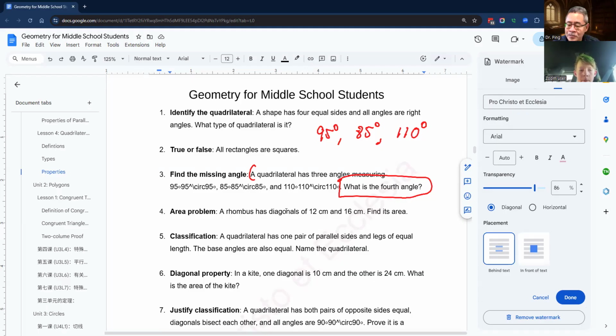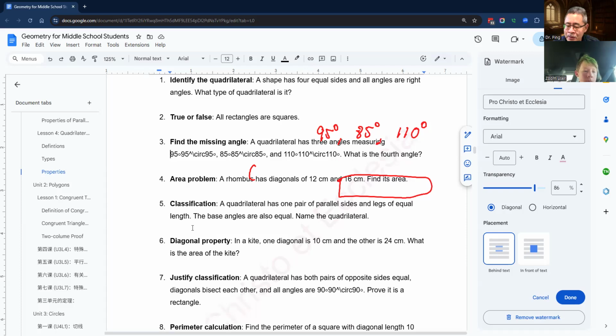Yep, very good. We'll skip the area. We haven't done the area yet. Next time.